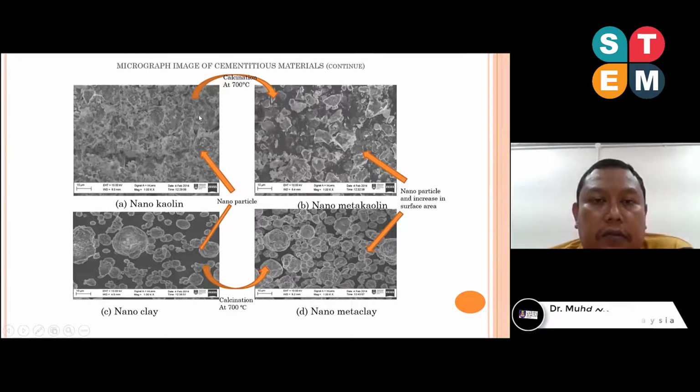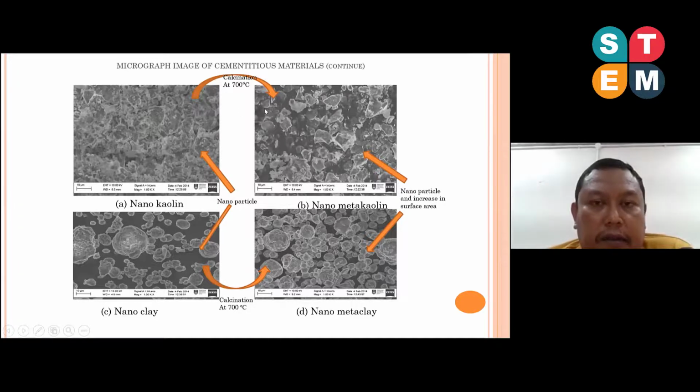So we need the process we call calcination to transform that particular silica oxide into these images that we call nanometakaolin. The flaky elongated pieces break into what we call single flakes, compared to crowded flakes.